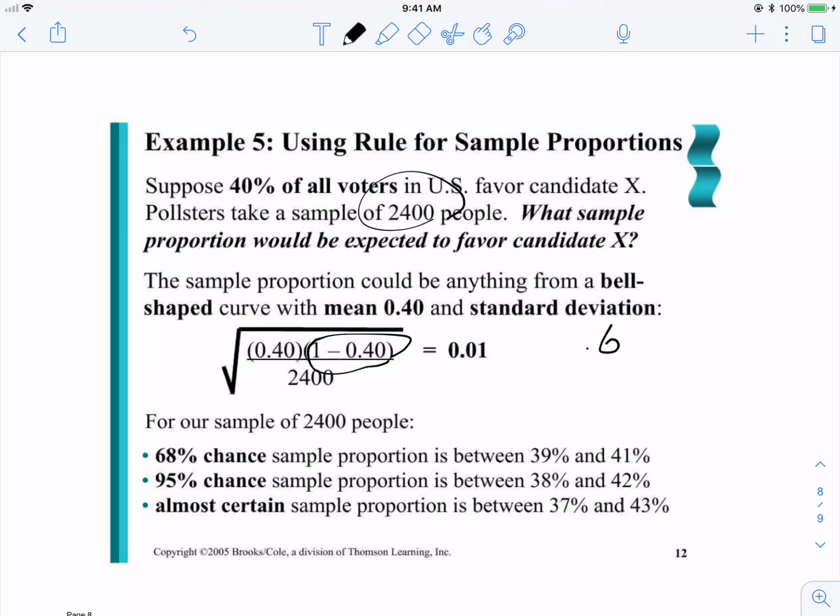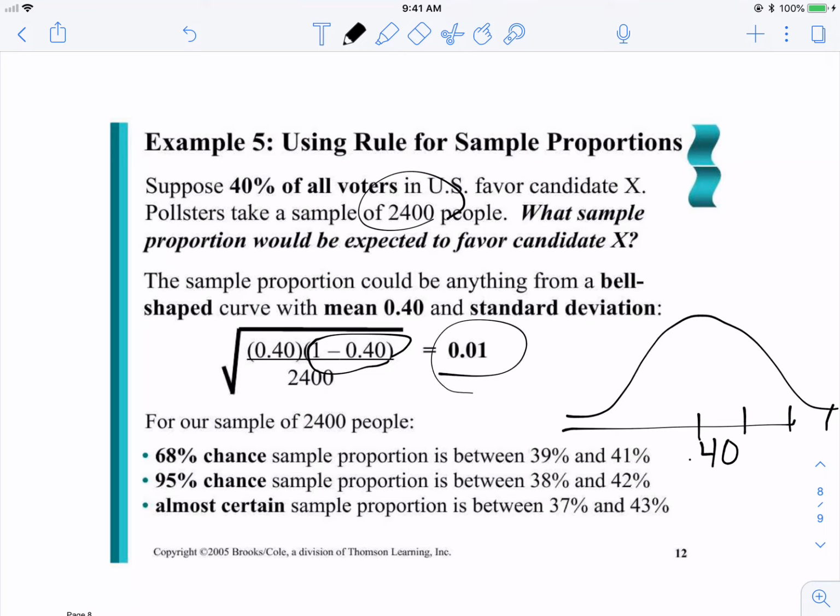So if we start to visualize this bell curve, we did a lot of work in the first semester with the normal distribution. This rule says that our population proportion should be right there at the center, 0.40, and then our standard deviation step size we just calculated to be 0.01.